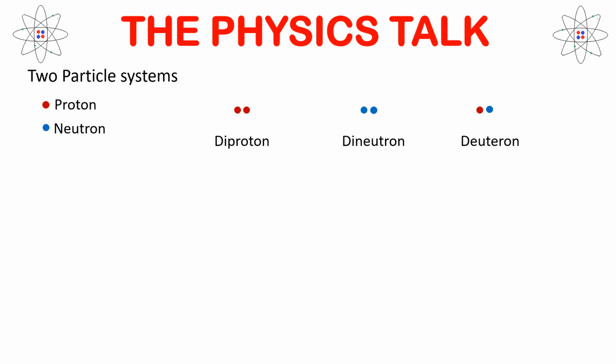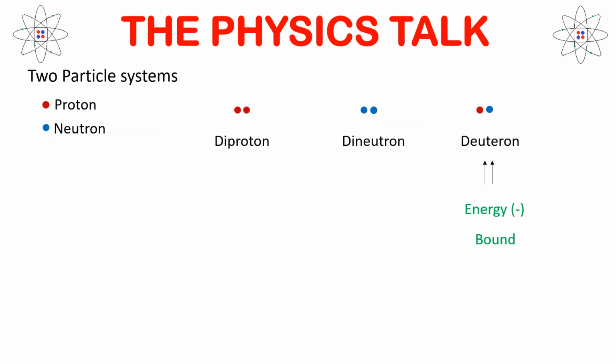As we have just discussed, in order to form a stable bound system, the spins of both the particles have to be parallel, as in case of the deuteron. This makes the total energy of the system negative and thereby forming the bound system.